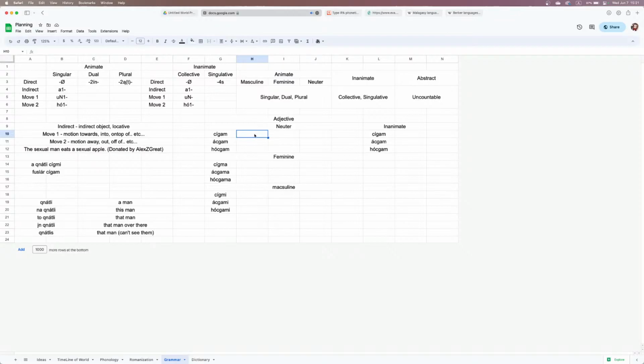Let's see. So I want to make them agree. So this is the base form. So I think maybe we can have the first consonants of... actually, we can just add them to the end.